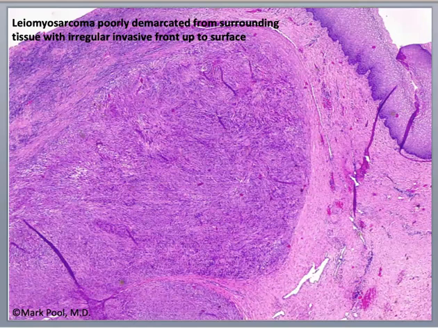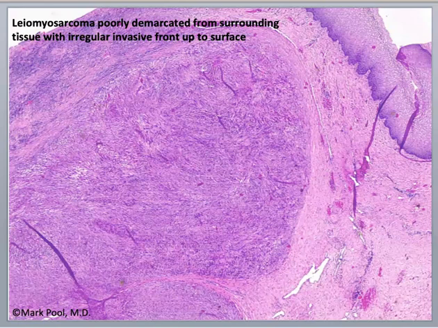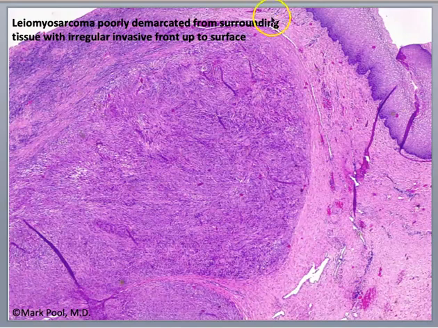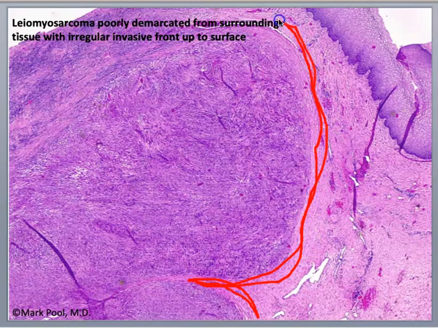So in this example of a leiomyosarcoma that is actually extending to invade the vaginal mucosa, we see a distinctly different edge to the tumor compared to the leiomyoma. Even though it forms a broadly invasive surface, you can see that in between lobules of invasive tumor is the surrounding stroma.